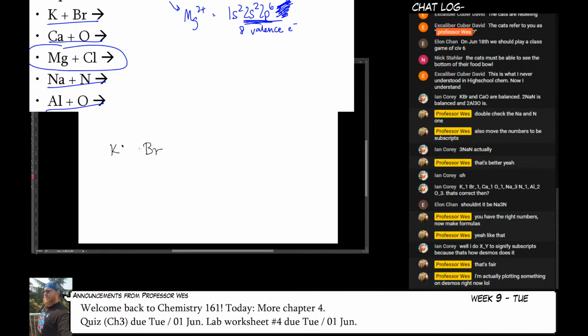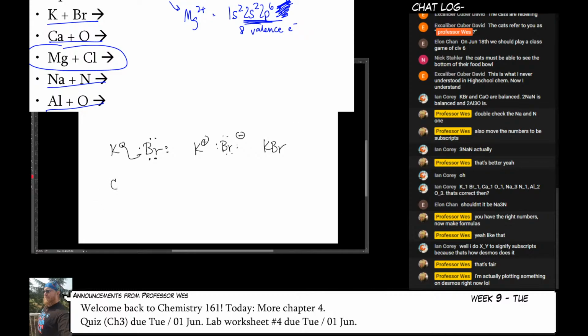So, for example, for potassium, I need one additional electron on bromine, and I just take potassium's and give it right over. And I get that as my result, so KBr is the substance that we were looking for.